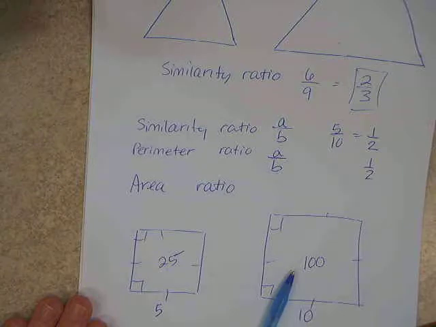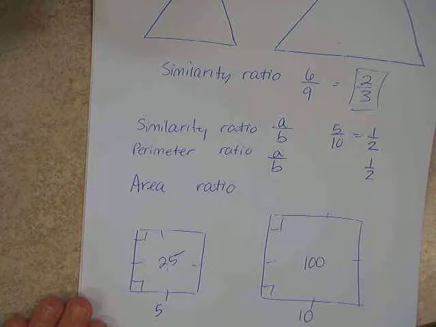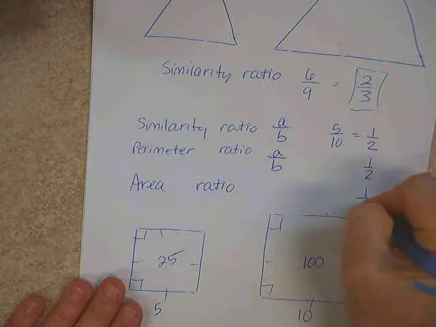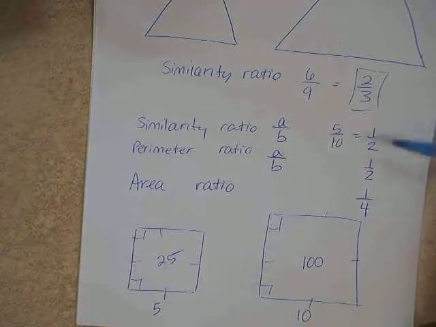Our area ratio would be 25 to 100, right? But 25 to 100 simplifies to what? 1/4.